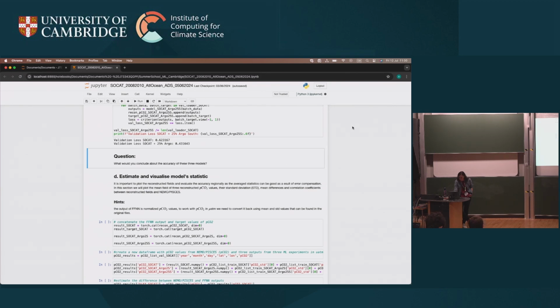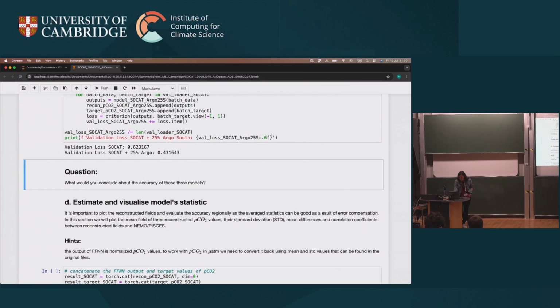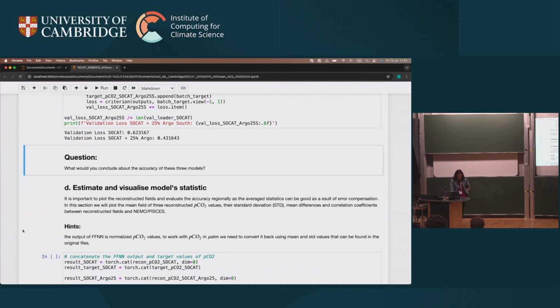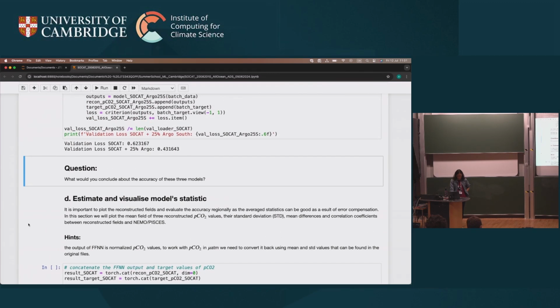Waiting for my notebook to finish. So if someone is still waiting for the accuracy for this step, it's done.